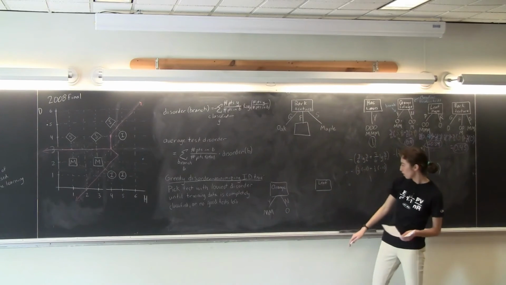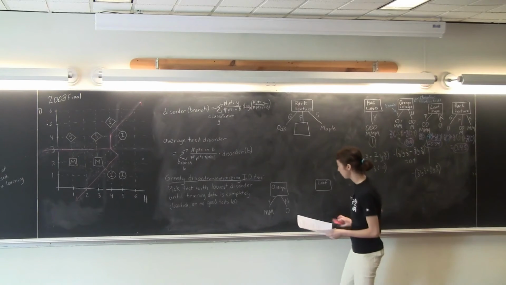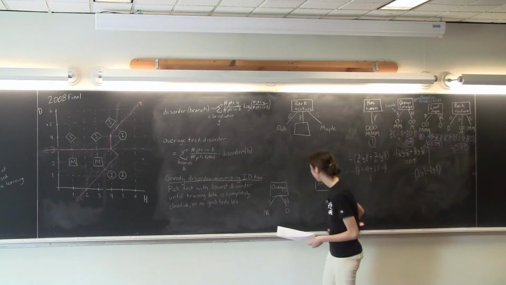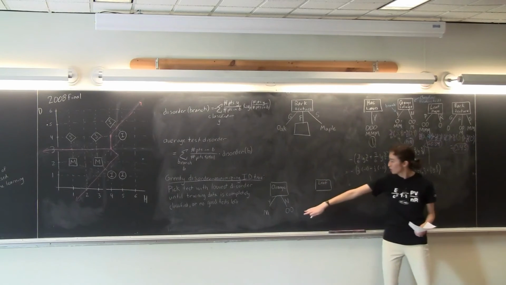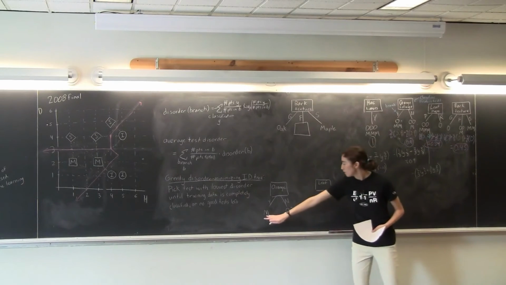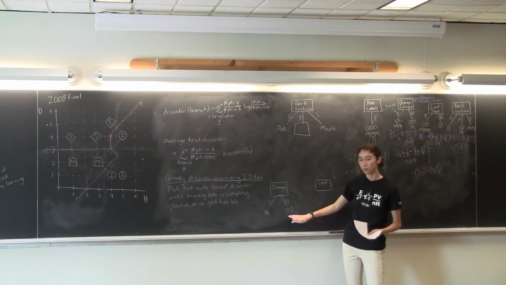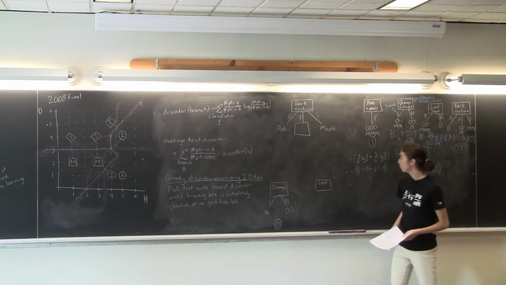Should be the other way around. Is that backward? 1 maple, 2 oaks. Good call. The disorder is still the same, though. So what's the disorder of this test? 0. Because this branch is perfectly homogeneous and that one's perfectly homogeneous. So we have a disorder of 0 there.